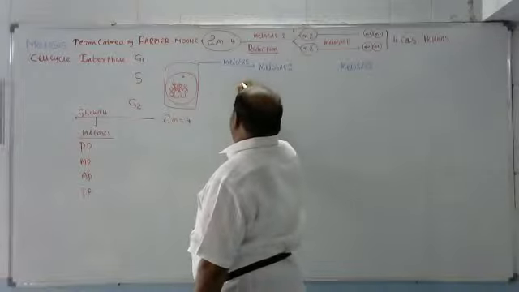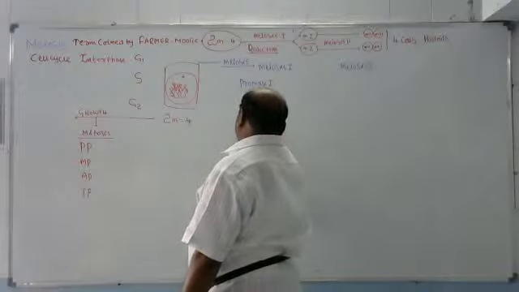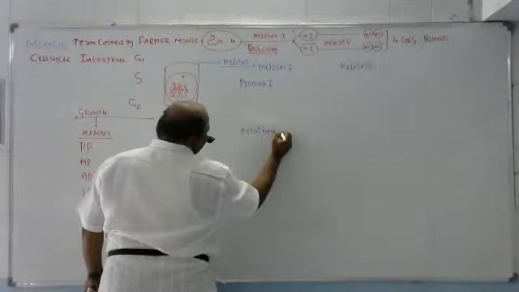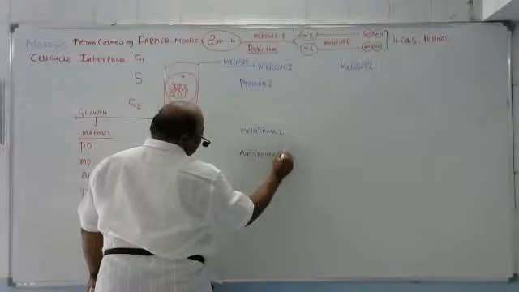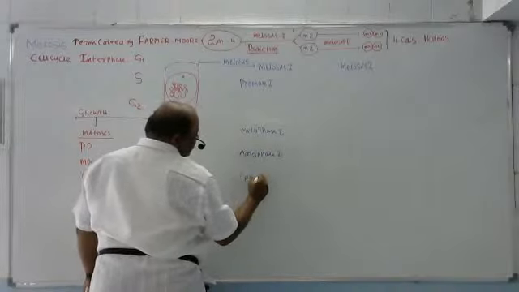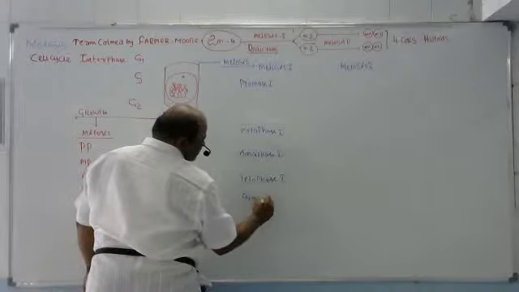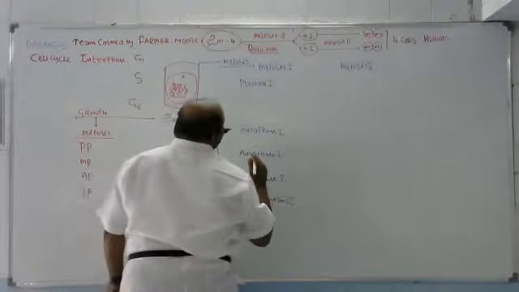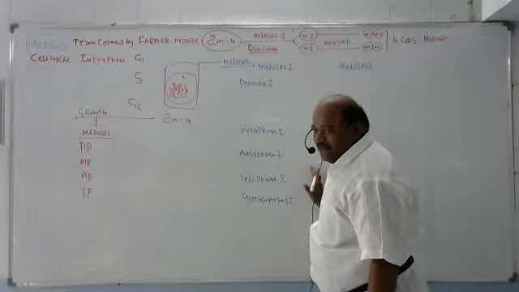Further, meiosis 1 is classified into prophase 1, metaphase 1, anaphase 1, next telophase 1, next the division of cytoplasm, cytokinesis 1. Okay.